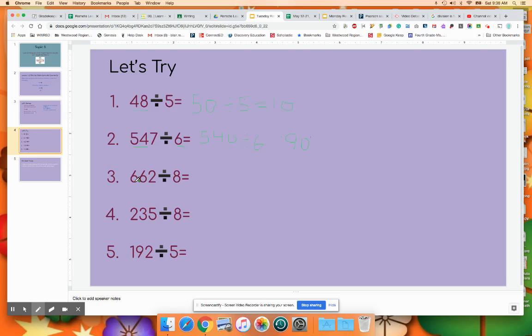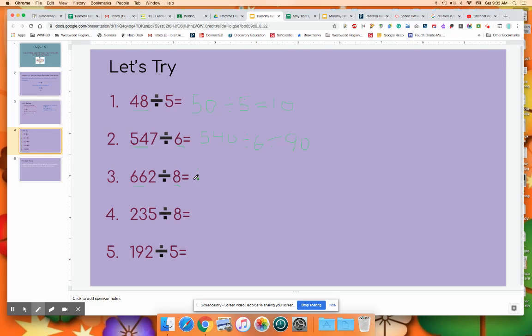Okay? Here I have 662 divided by 8. I'm going to look at my first 2 digits and my 8. Are 66 and 8 in a fact family? No. The closest number to 66 that's in 8's fact family would be 64, right? 72 is in 8's fact family, but 72 is 6 away from 66, whereas 64 is only 2 away from 66.